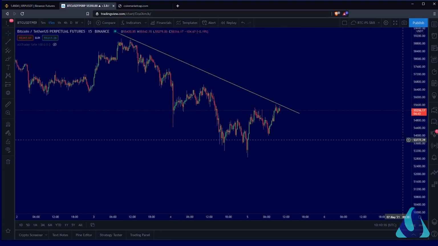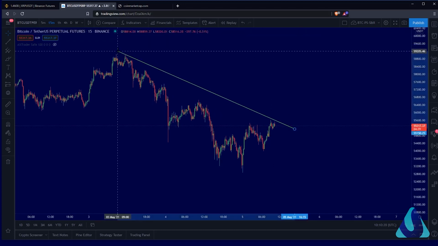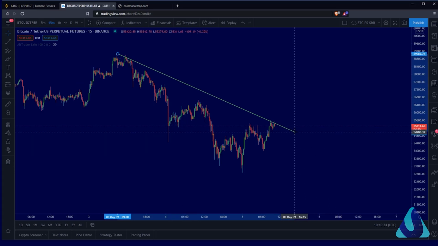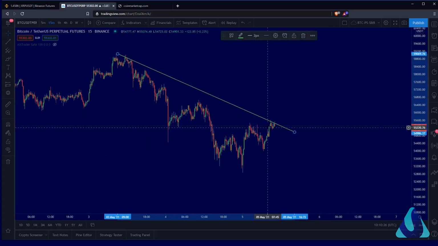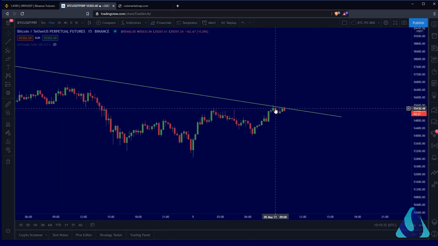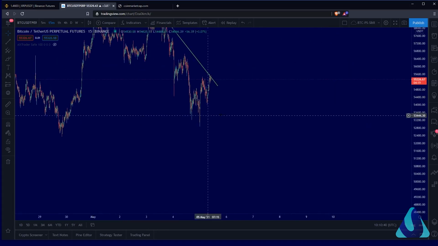So you can see, let's just bring that down there and about there. So now anytime it's touching here, we're seeing some retracement. As you can see, 1, 2, 3, 4, 5. So again, what we could now potentially be looking at is a downtrend for Bitcoin.